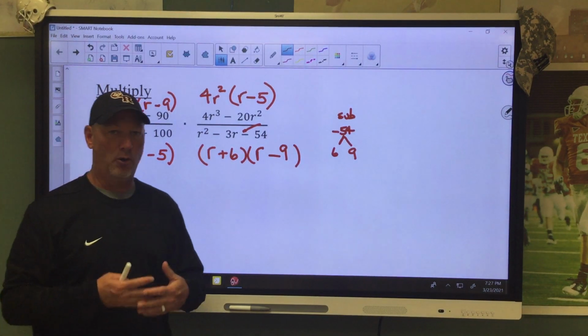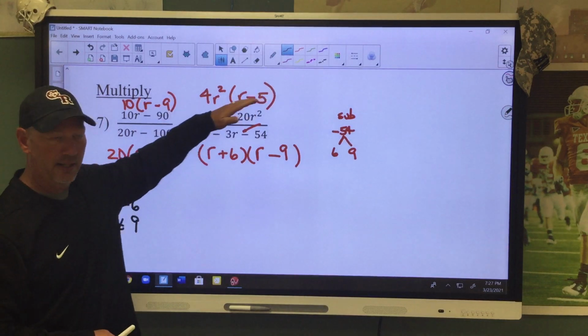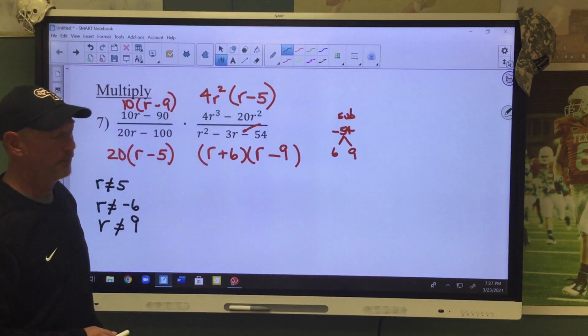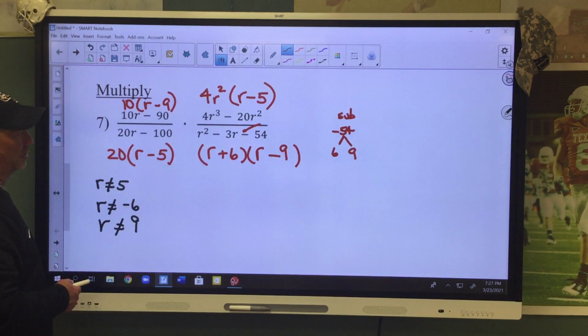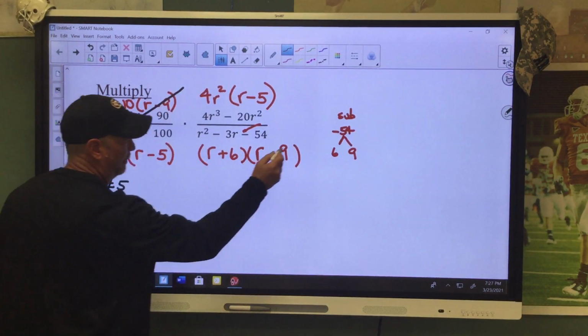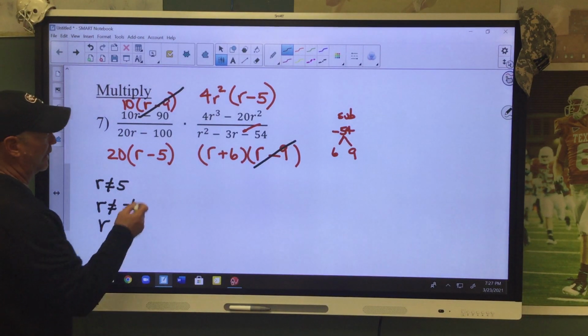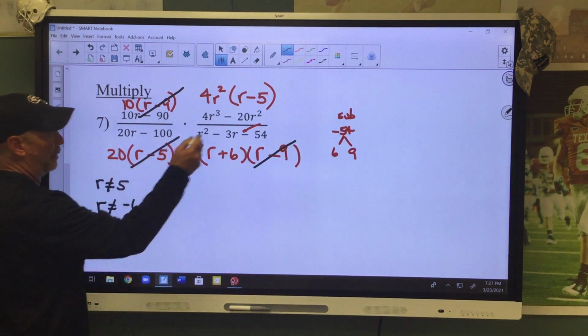Now the thing about multiplying is you are allowed to reduce diagonally and vertically. So in this situation, I'm going to cancel r minus 9. That will cancel, okay? Look at this. I will cancel my r minus 5s.